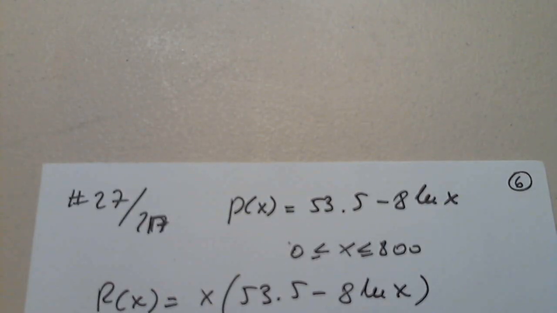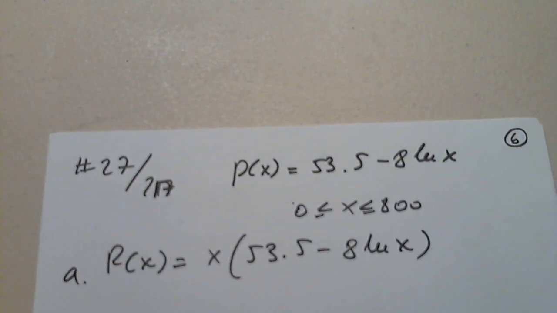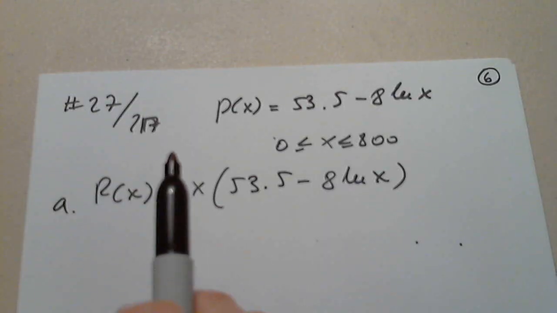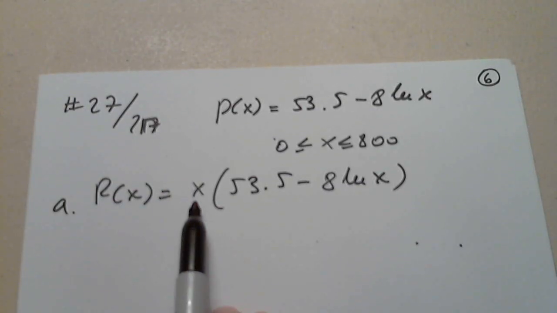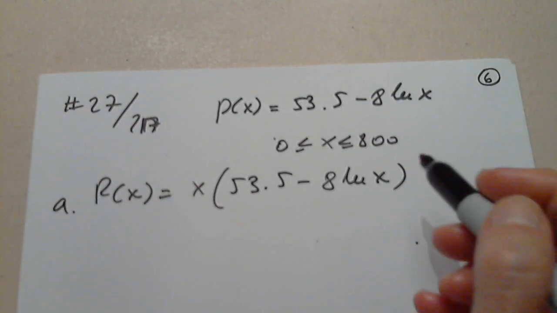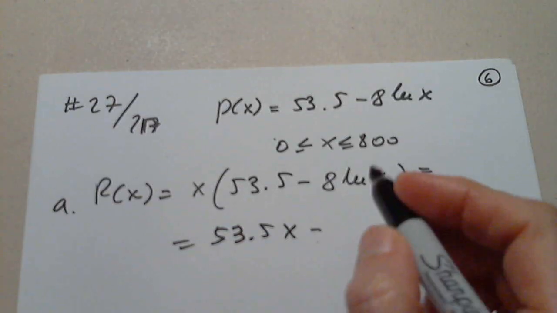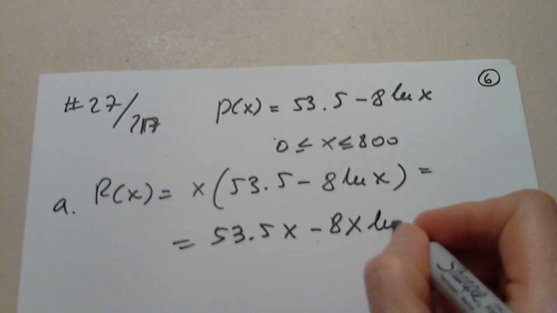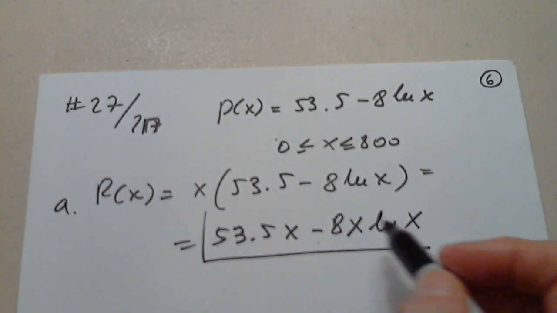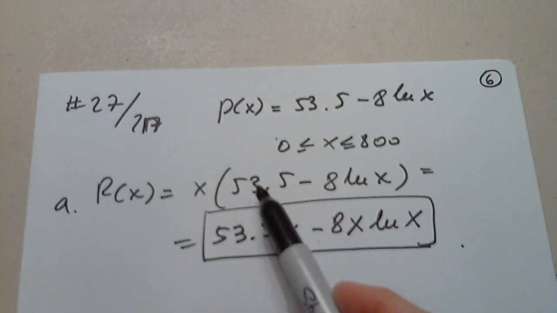That's the first question, part A. So revenue is the number of units times the price per unit. So I will distribute. So I have 53.5x minus 8x natural log x. So this is the answer. We didn't have to do anything, no calculus, just multiply x by p of x.